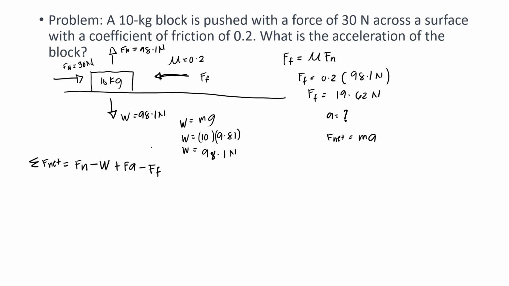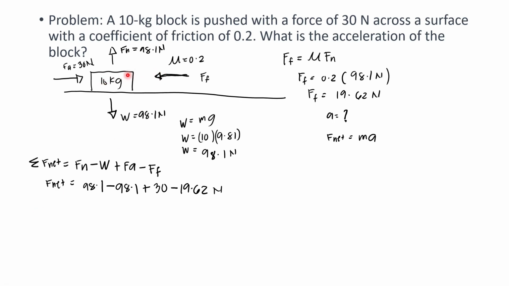So substituting the values, we can get the F net. Fn is equal to 98.1, weight is negative 98.1, plus Fa is 30, minus our frictional force of 19.62 Newton.